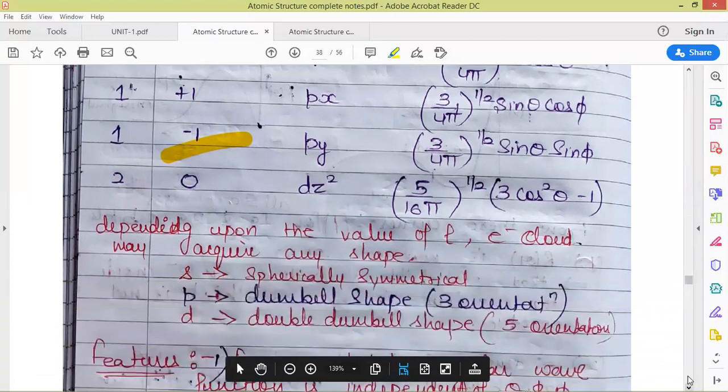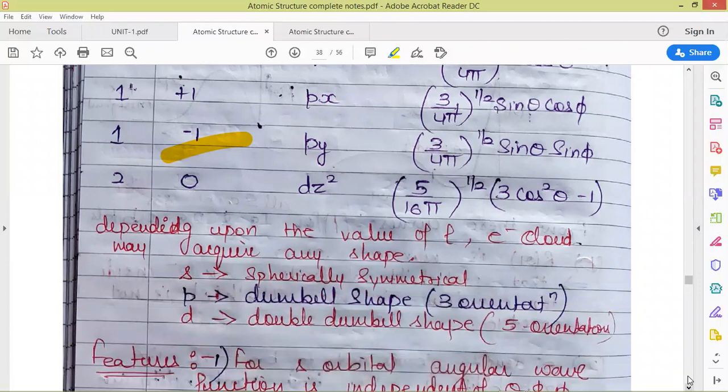From here we can conclude that the s orbital can have just one shape, that is, it is spherically symmetrical. The p orbital can have three orientations in space and they have a dumbbell shape. Based upon the angular part, when radial probability was plotted against the radius, the shapes were found for the orbitals that we'll be discussing in a few minutes.